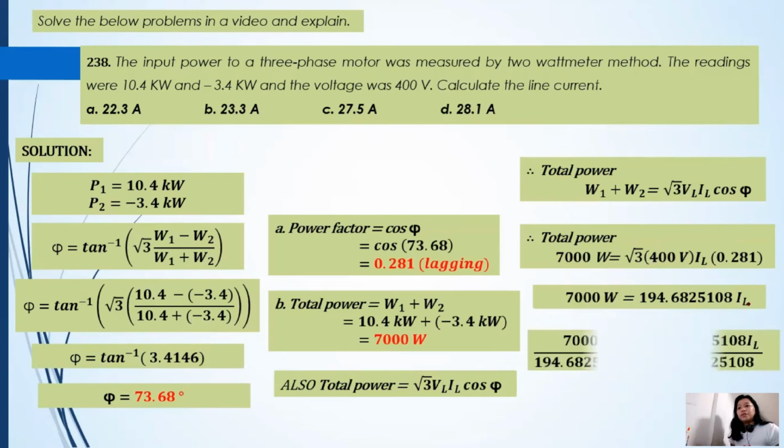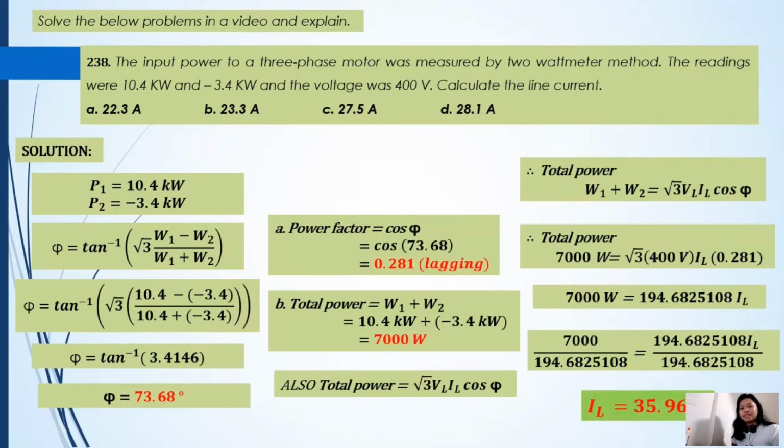So we'll divide both sides by 194.682510. So we have the answer for our line current, which is 35.96 amperes. Since this answer is not in the choices, but as I compute, I get the answer of 35.96 amperes. So that is my answer.